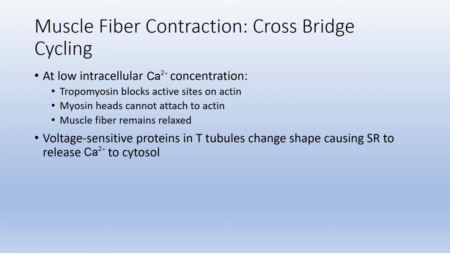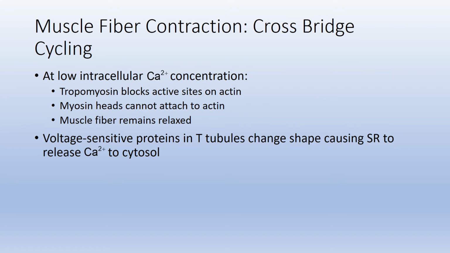Earlier, I mentioned that calcium was a key component in muscle contraction. But without calcium, remember that regulatory protein tropomyosin? Tropomyosin is blocking the myosin binding sites on the actin filament. So without calcium present, those binding sites are covered. With no calcium or low calcium present, those myosin heads cannot attach to the actin, forming a crossbridge.